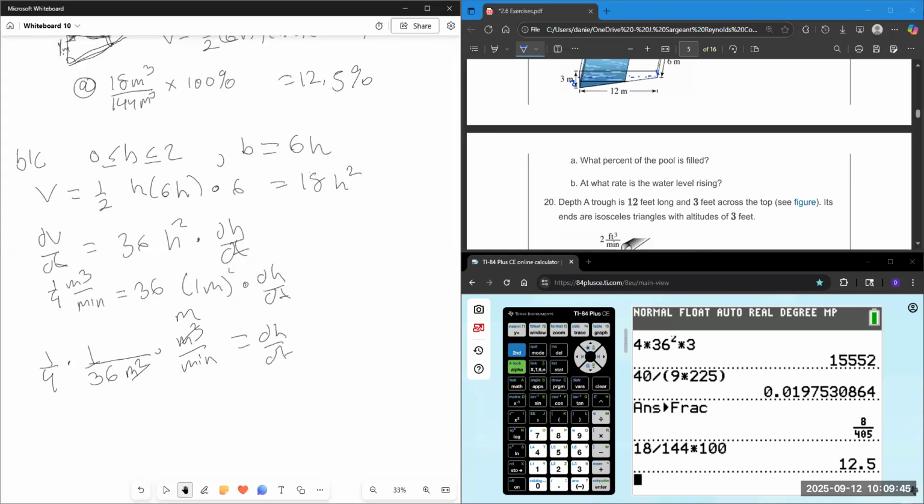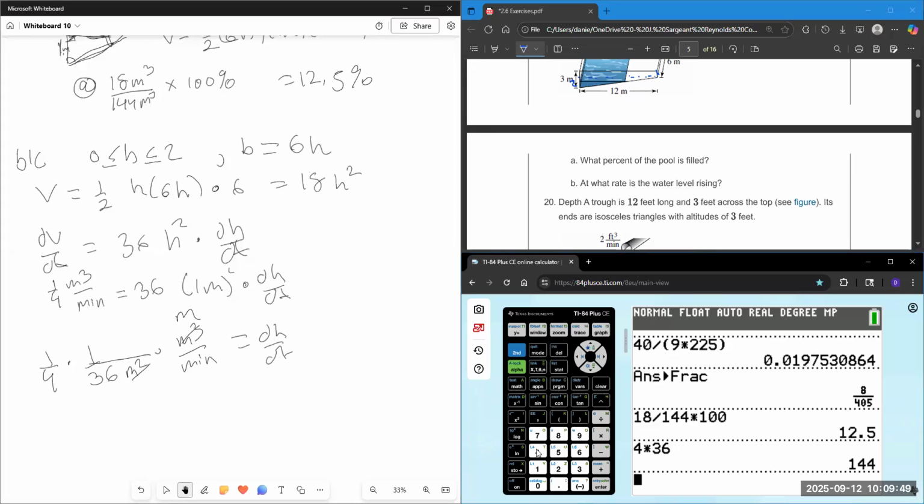And I have 4 times 36 is 144, so this is 1/144th of a meter per minute is my dH dt.